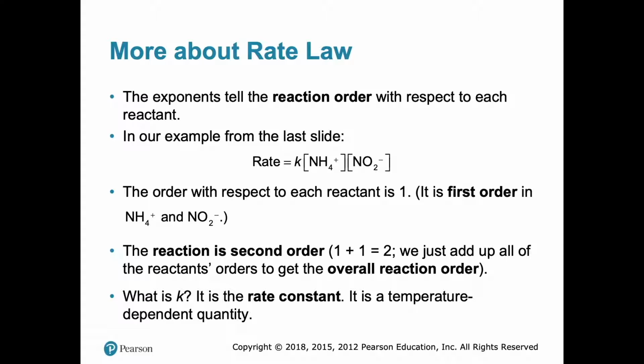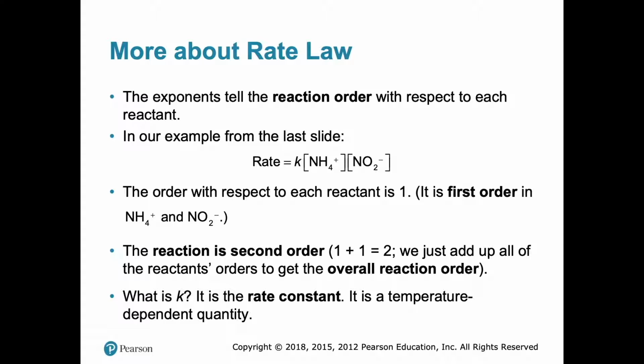Does that make sense? Anybody lost? Everybody got that so far? Who said no? What's wrong? Yeah. So remember from the previous slide, I said that the order of the reaction with respect to ammonia was one.